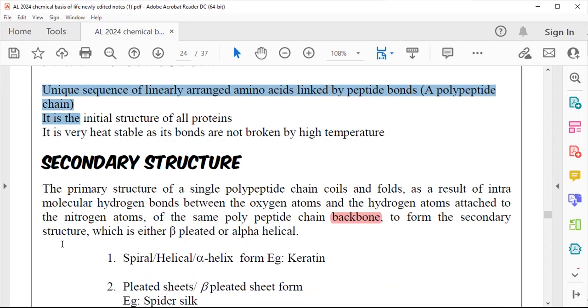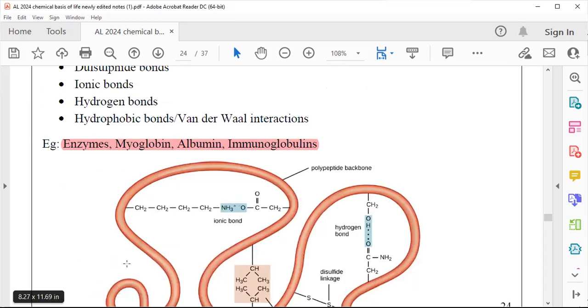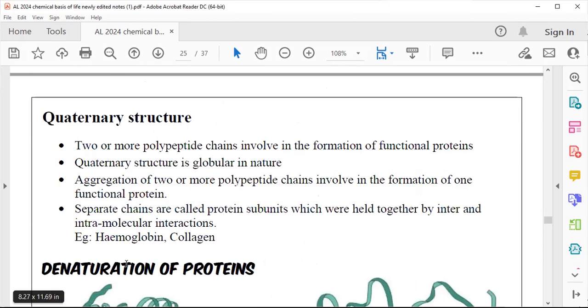Are they speaking about the three-dimensional? No. Look at the tertiary structure. Are they speaking about the three-dimensional? Yes. Look at the quaternary structure. Are they speaking about the three-dimensional?